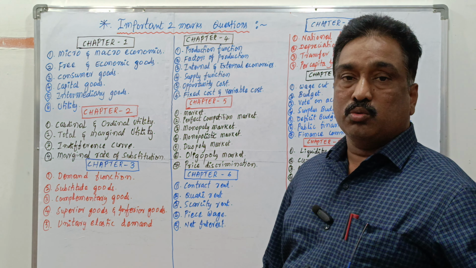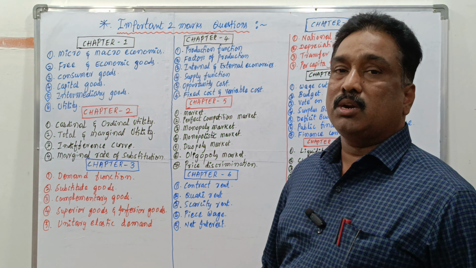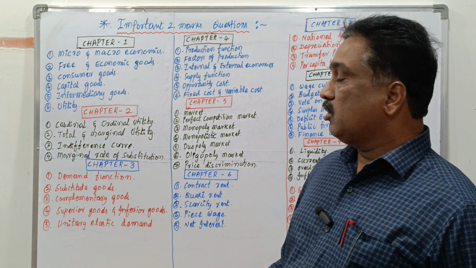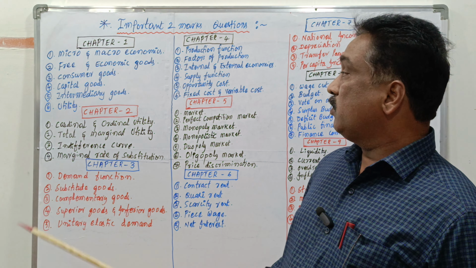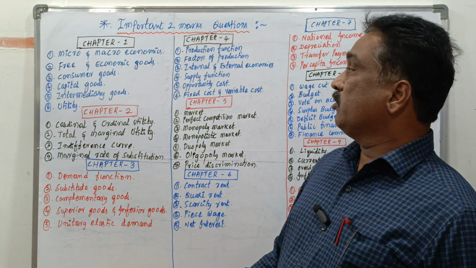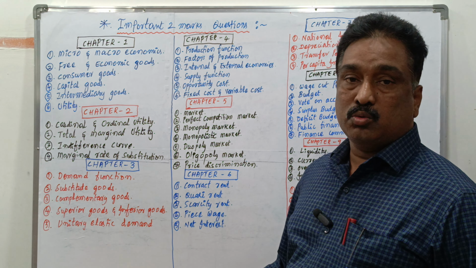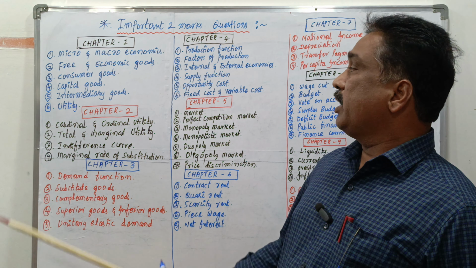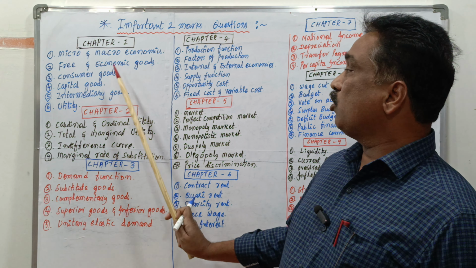According to the two marks questions, the total explanation is there for all of these. First of all, what is microeconomics and macroeconomics, which is important for two marks purpose. Just the definition is required. And what are free goods and economic goods?